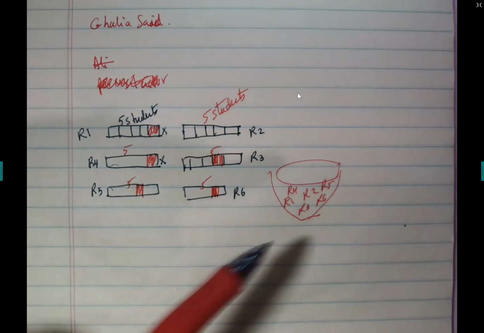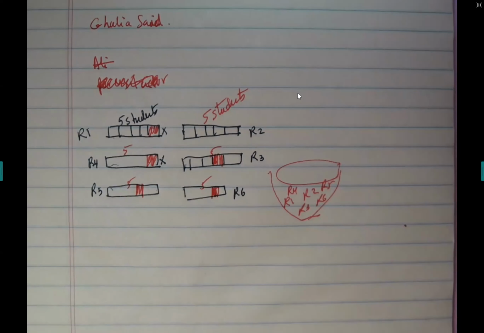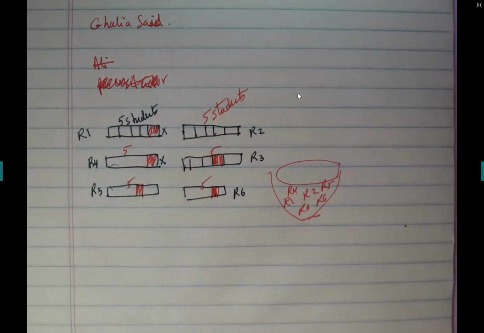Do you think, based on the technique I used, that those 5 students will ever be in a sample together? No, because I'm picking by rows. Those students belong to 5 different rows, so how am I going to put them together? That is a violation of the definition of simple random sample.